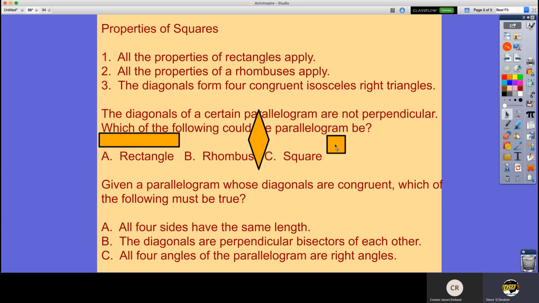So what do we think for that question there in the middle? I drew some pictures up there, so you have something to look at. Which of the following are not perpendicular?